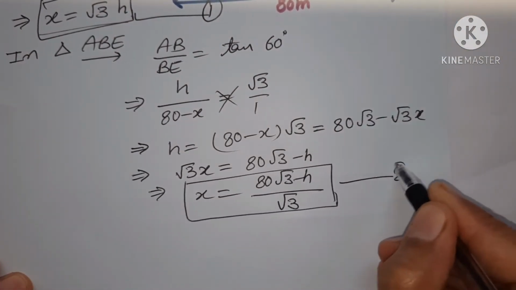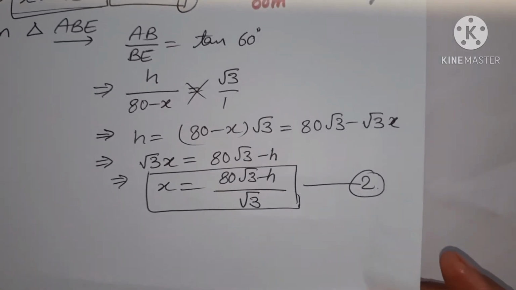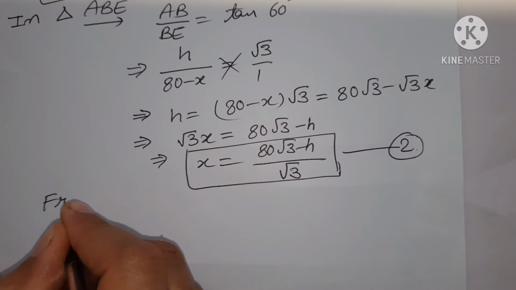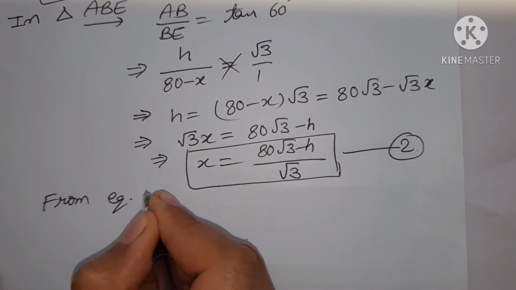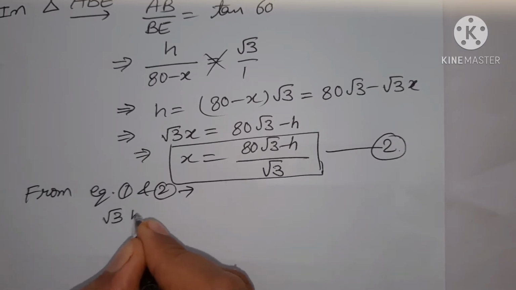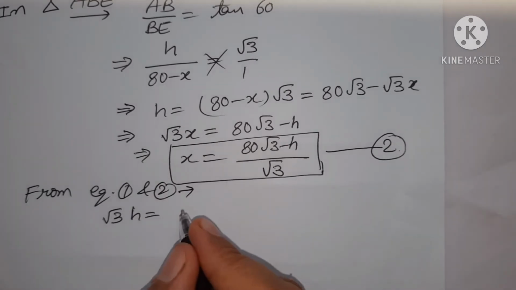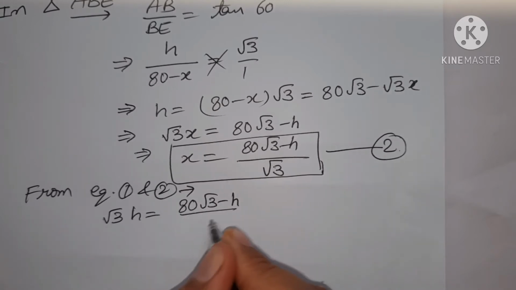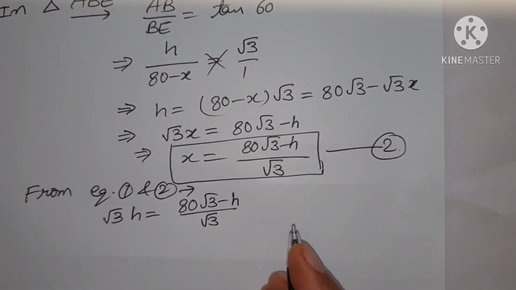And from the second triangle we got equation number 2. When we compare these equations, from equation 1 and 2, root 3h is equal to (80 root 3 minus h) upon root 3.